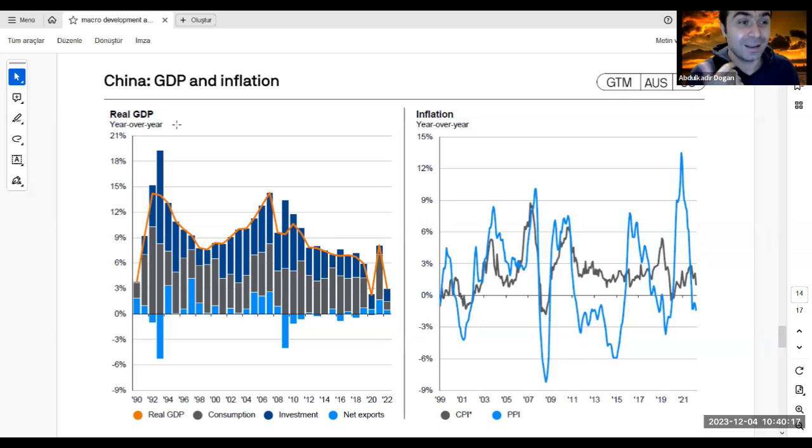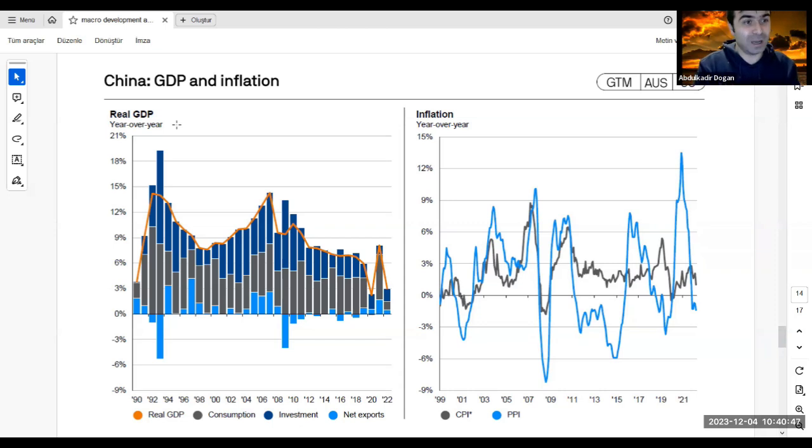Meaning that, let's think about this, Argentina is just around a $1 trillion economy, and China is around a $15 trillion economy, and each year China grows 7%, meaning that they are producing $1 trillion of additional gross domestic product. So each year, China grows more than the whole economy of Argentina.